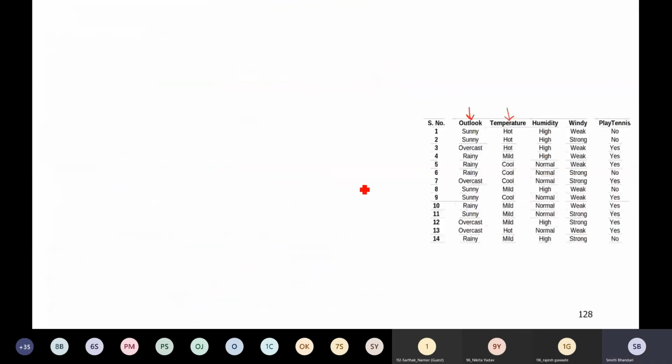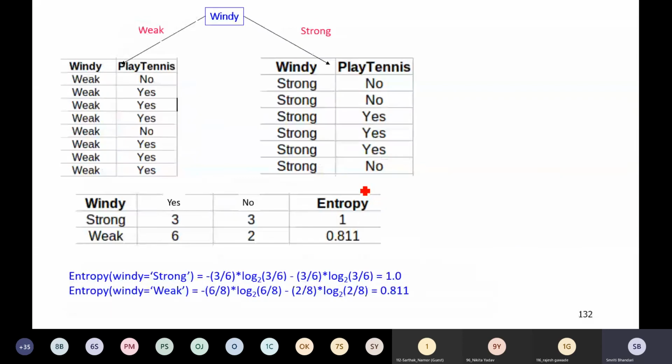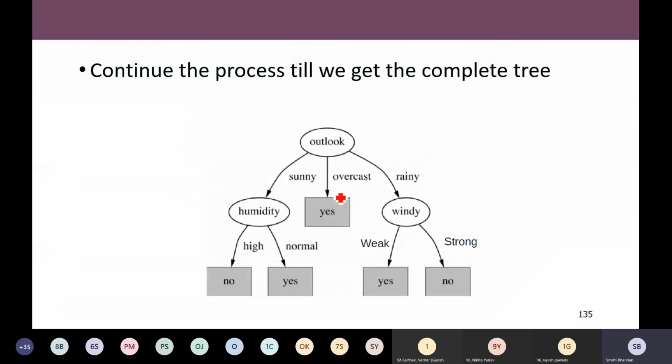So we have the conclusion that for Outlook overcast, as all the samples belong to yes class, we will have here the leaf node that denotes the class label yes.